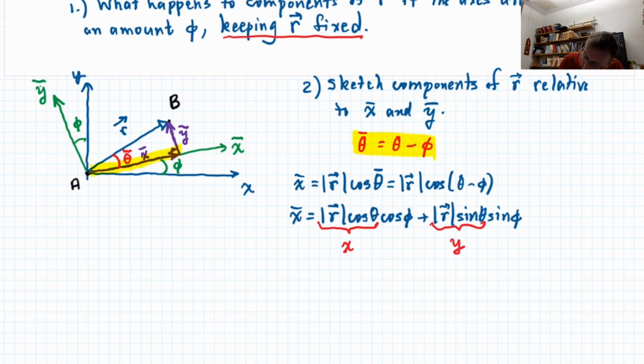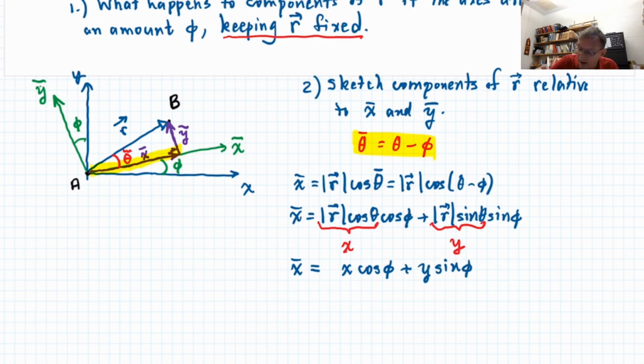So now we have the new x component of r, x bar, is the original x component, x, times cosine phi, the angle we rotated the axes by. Remember, we didn't rotate r at all. Plus the original y component, y, times the sine of the angle phi.